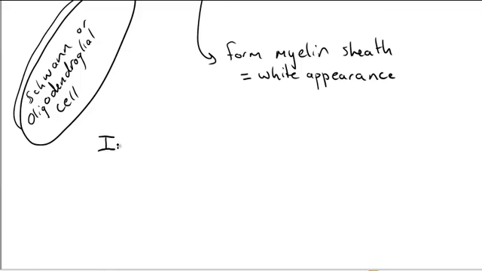There's one more interesting thing. There are two different cells, we said, Schwann cells and oligodendroglial cells, and they don't function exactly the same.